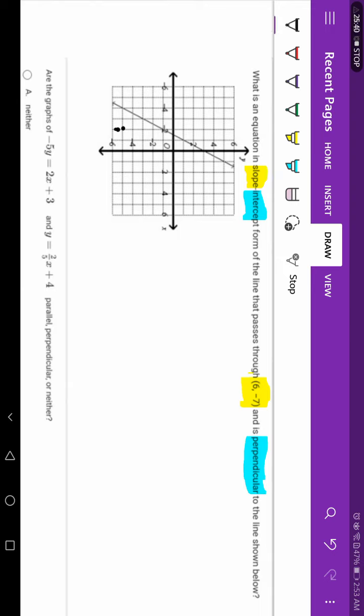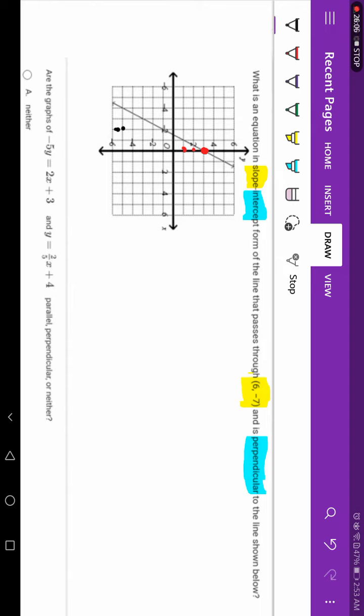Slope-intercept, it is easy. I need the slope and I need the y-intercept. The y-intercept is here, which is 1, 2, 3. So this is the y-intercept.